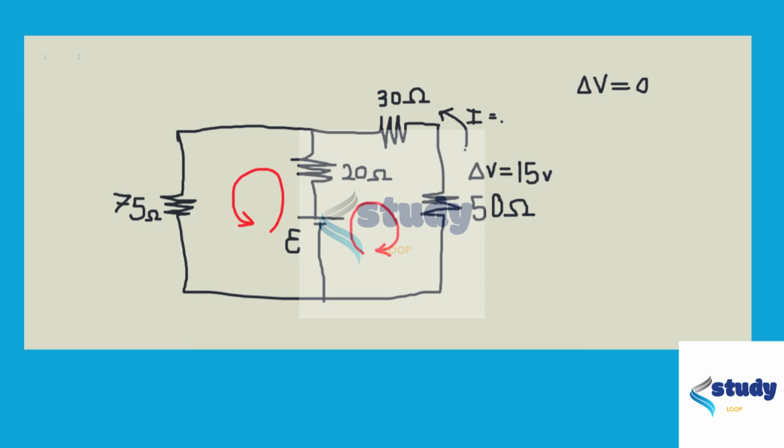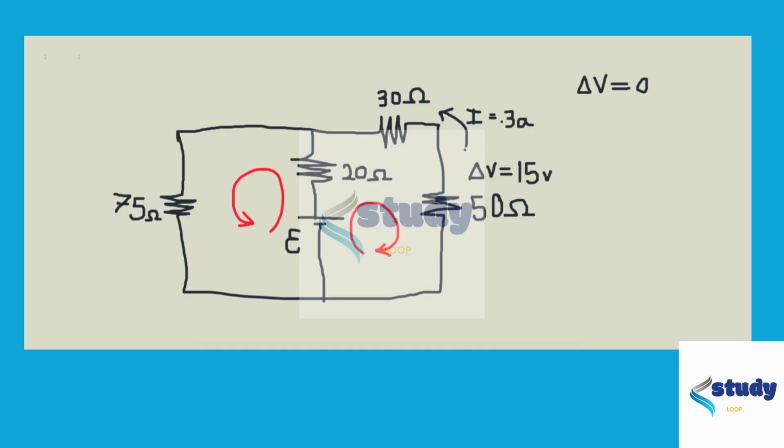So that's 0.3 amps. Excellent. Okay, we can also use Ohm's law with this current, 0.3 amps, and this 30 ohm resistor to find the voltage drop across that 30 ohm resistor.